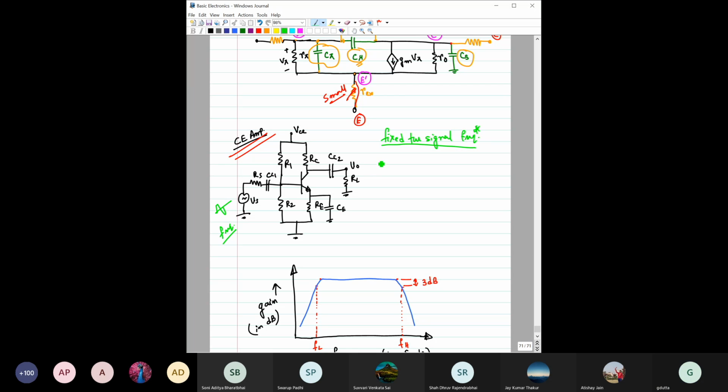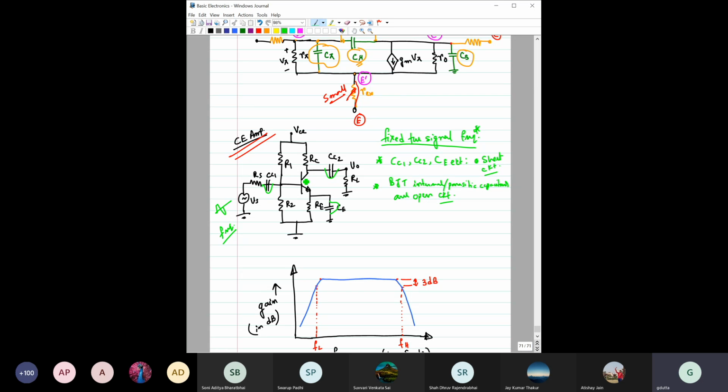Okay. So how have we fixed it? We have fixed the frequency such that the coupling capacitors and the bypass capacitors, this and this, are short circuit, and the BJT internal or parasitic capacitors are open circuit.